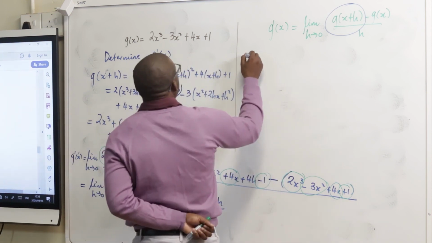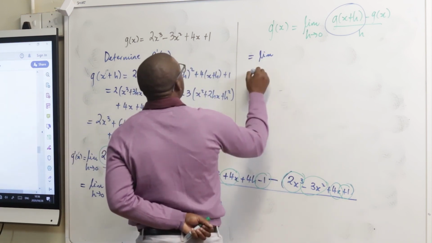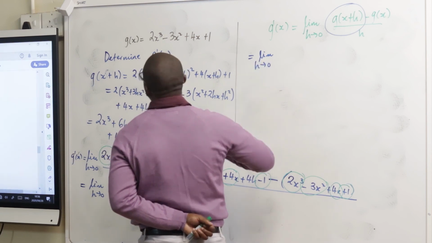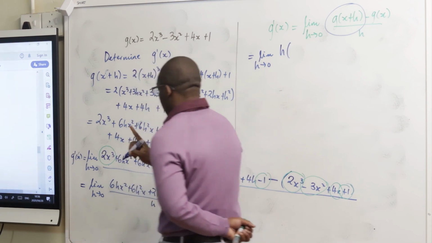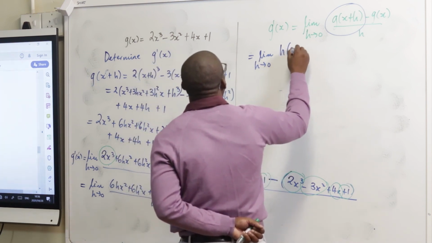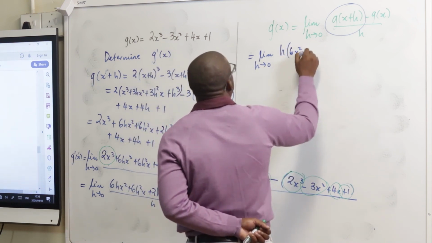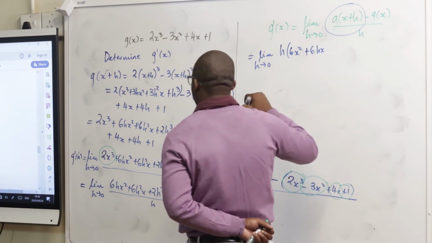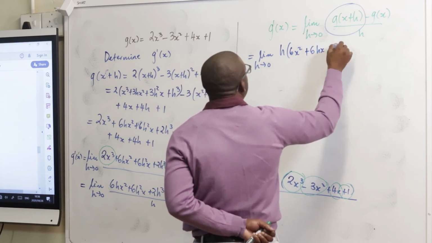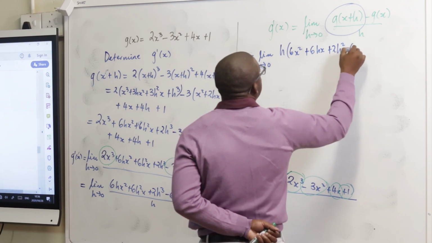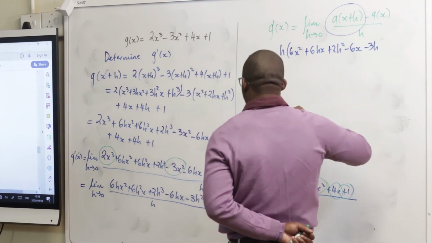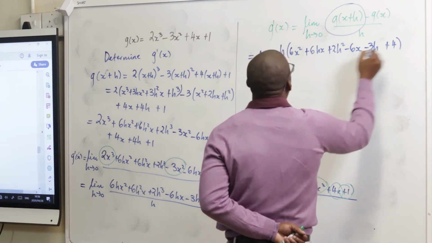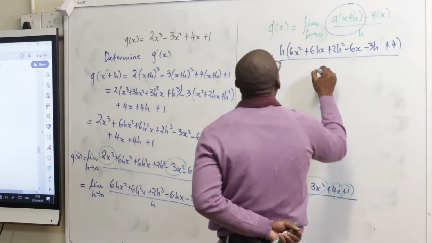So, moving on, limit as h approaches 0, we factor out an h, just a single one. We're left with 6x squared plus 6hx plus 2h squared minus 6x minus 3h plus 4, all over h.